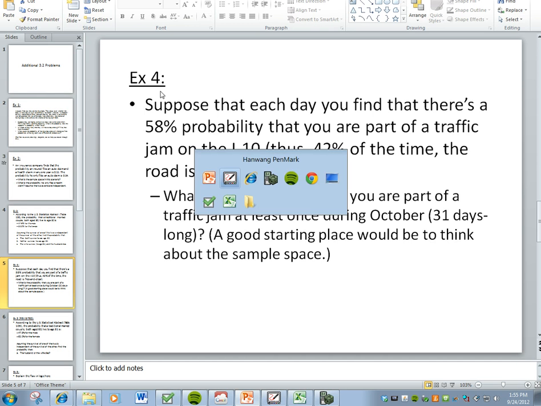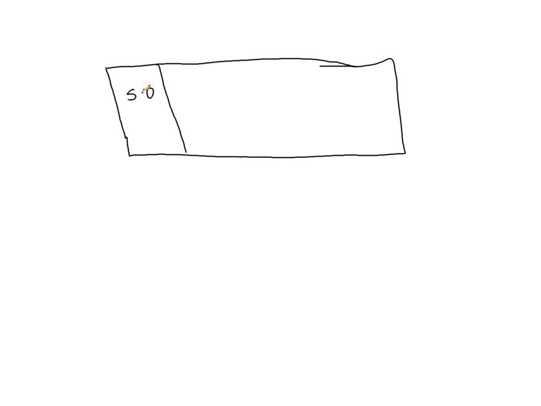So my sample space is: I get stuck in traffic 0 out of the 32 days, and so I'm free and clear, not stuck, 32 times.